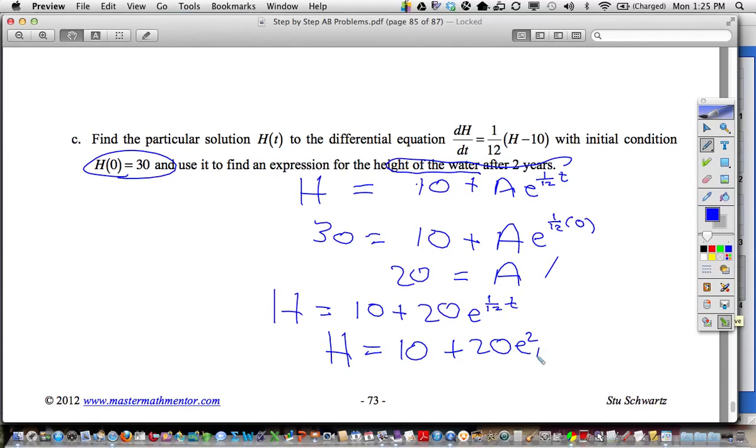Now, we said this was no calculator, so you have to stop right there. If it was a calculator, you could plug it in and see what that decimal is, like 150 something feet after 2 years. Okay, that is some of the basics of a differential equation problem.